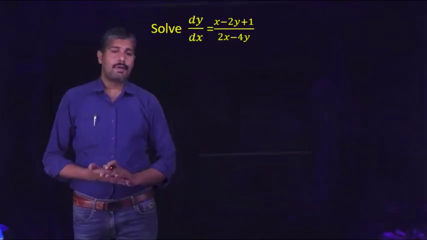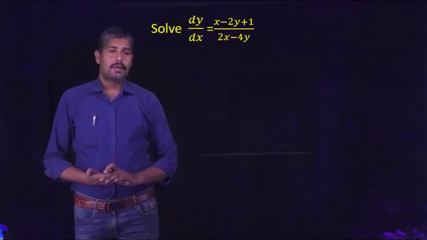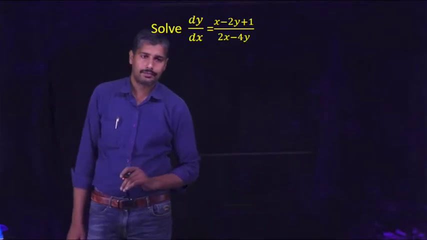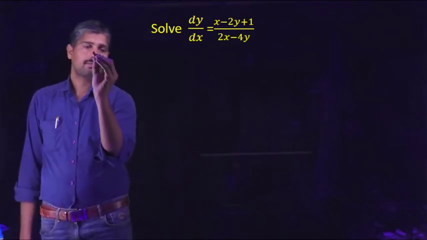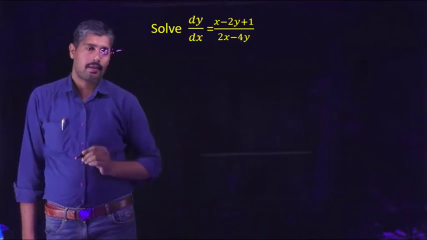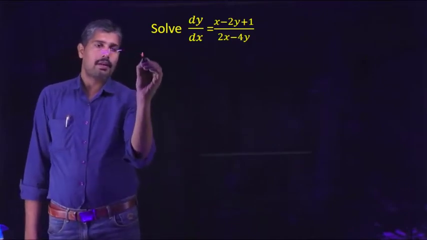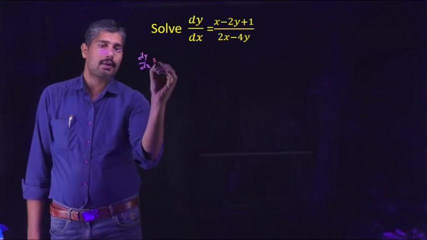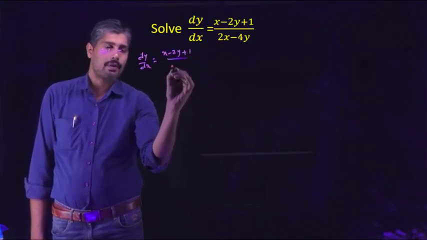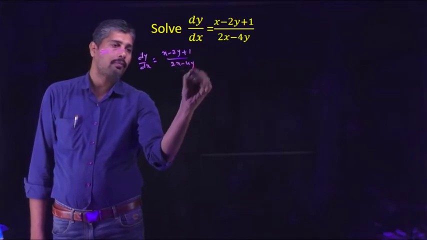See next problem. dy by dx equal to x minus 2y plus 1 by 2x minus 4y.